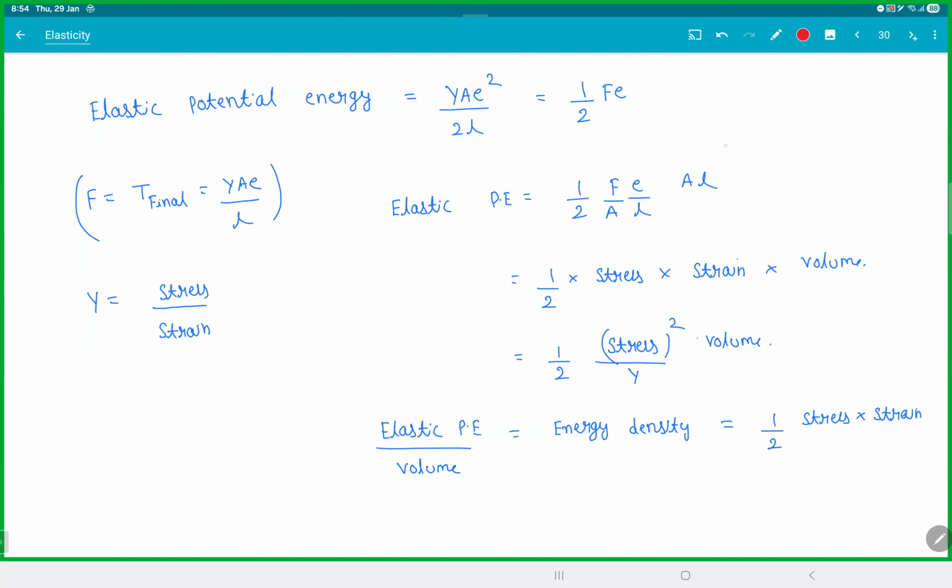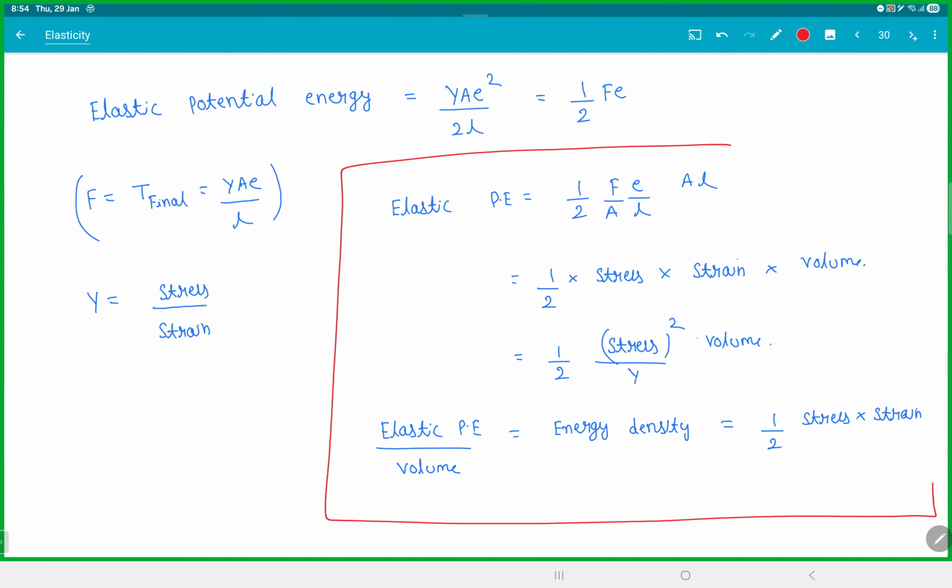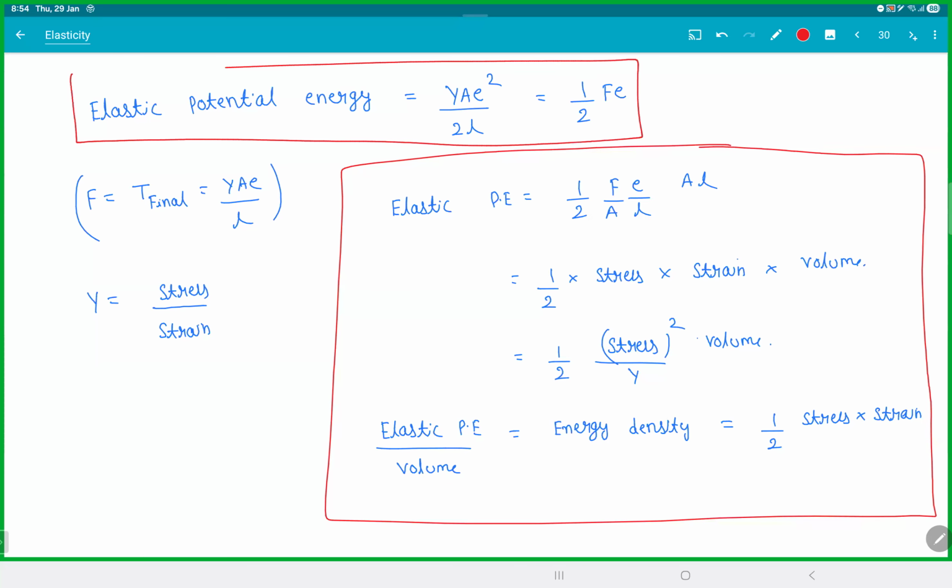The whole thing is important actually. So you can remember any one, and from there you can modify the formula. You can twist it however you want. But there's a problem with this. This formula is under the assumption that the final tension is constant. So these formulas are valid only when the tension is constant, because when you used F, you were taking it as the final tension.